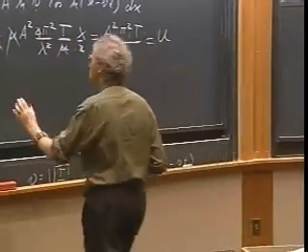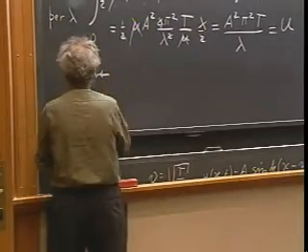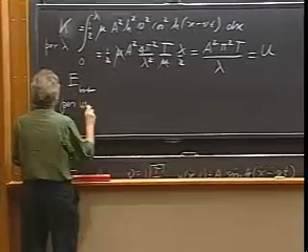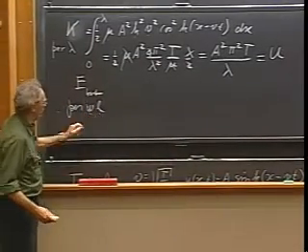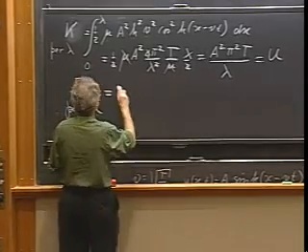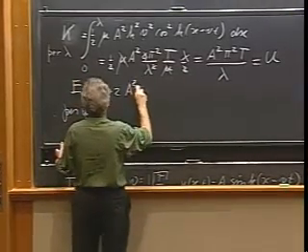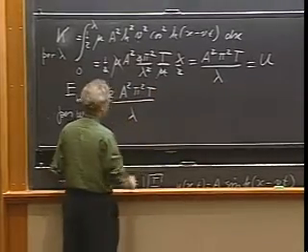So that means that the total energy per wavelength, so now I write down E total, again, per wavelength, WL stands for wavelength, not for Walter Lewin, but for wavelength. The total energy per wavelength is now twice that, so it's 2A squared times pi squared T divided by lambda.